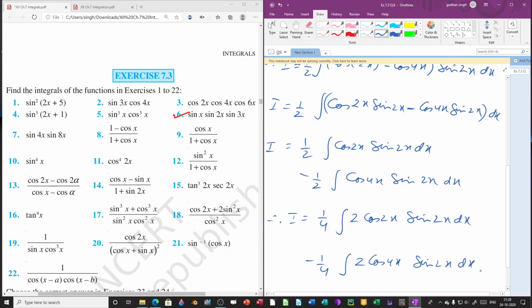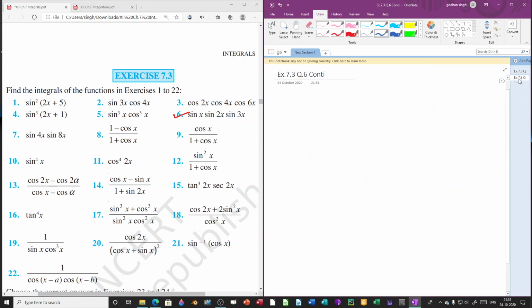Now we'll be applying the formula of 2 cos x into sin y. Let's first write it out: 2 cos x into sin y is equal to sin of x plus y minus sin of x minus y.